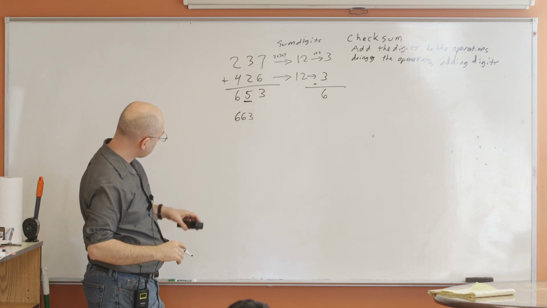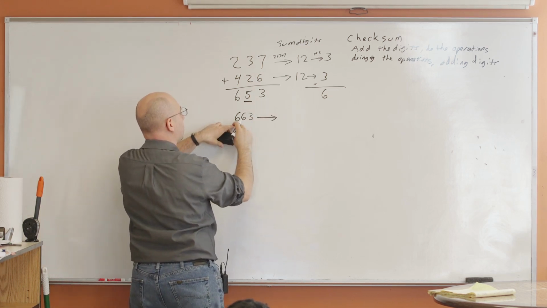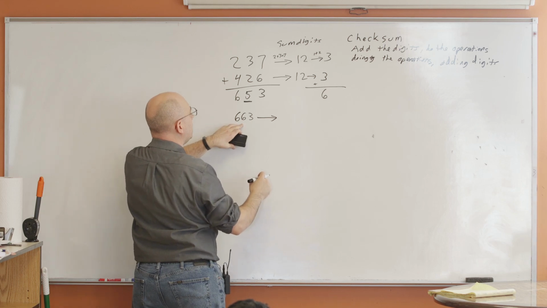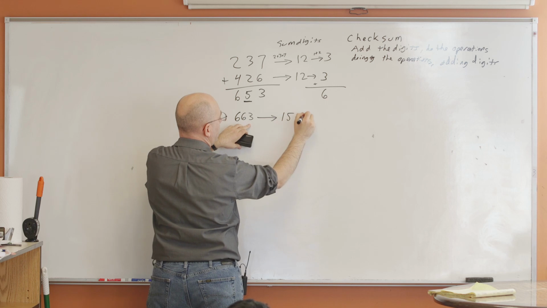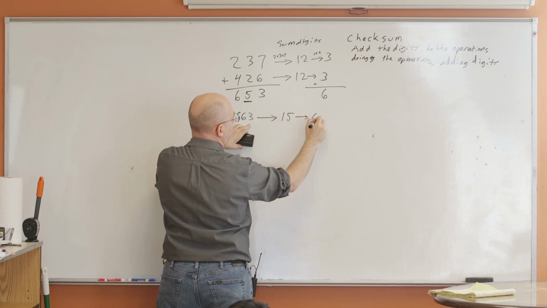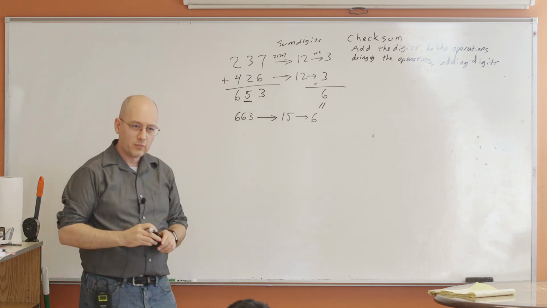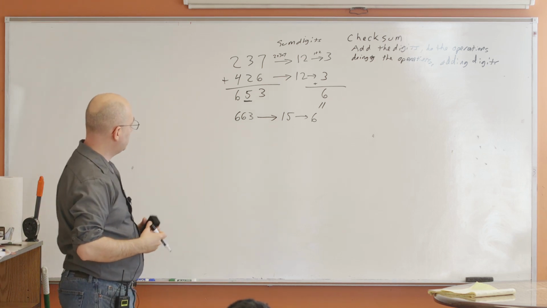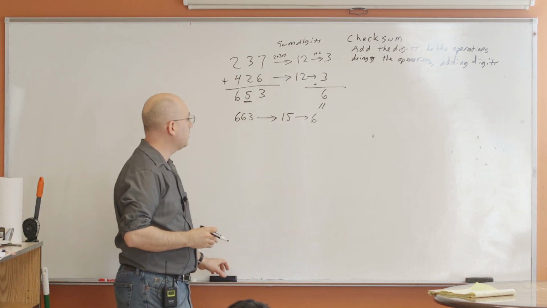Good. Now over here, I add those digits. 6 plus 6 is 12. 12 plus 3 is 15. And 15, 1 plus 5 is 6. So that's how you can check that you've most likely done this correctly. Most mistakes you make, this will catch.